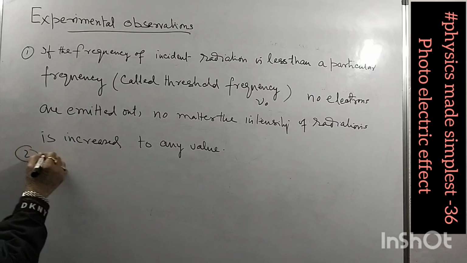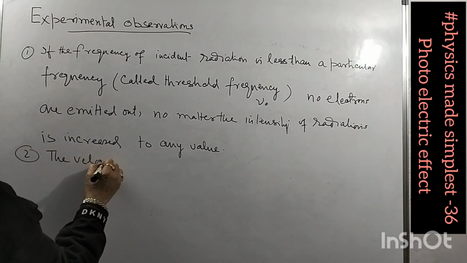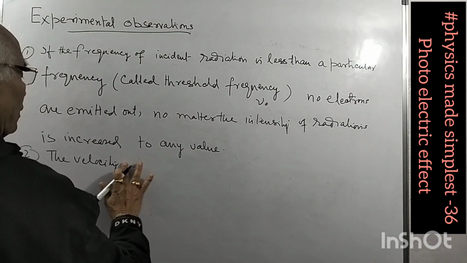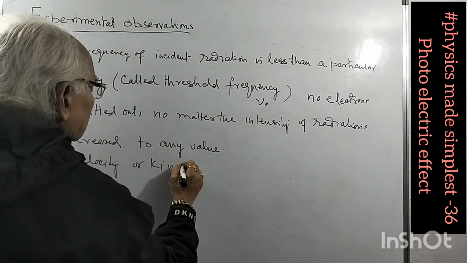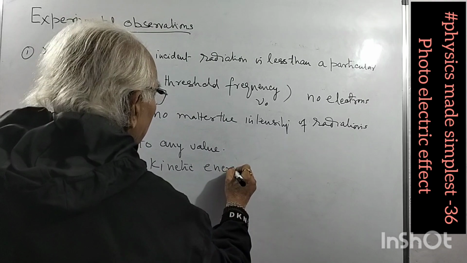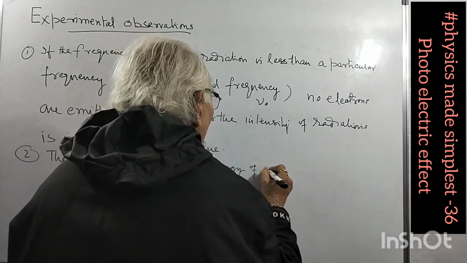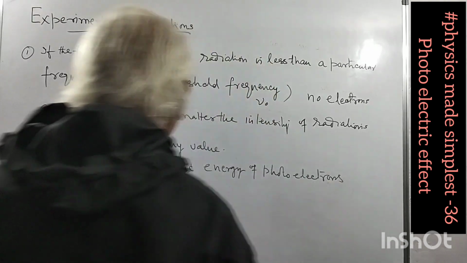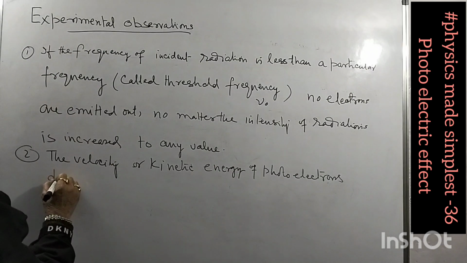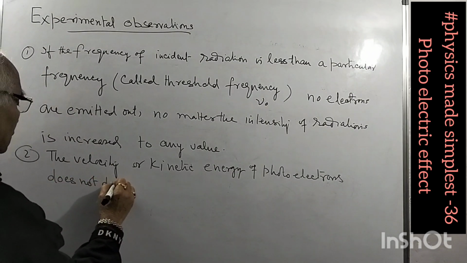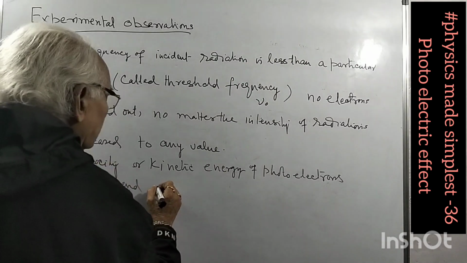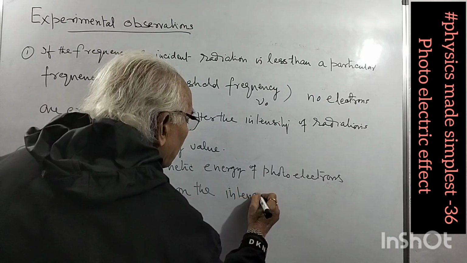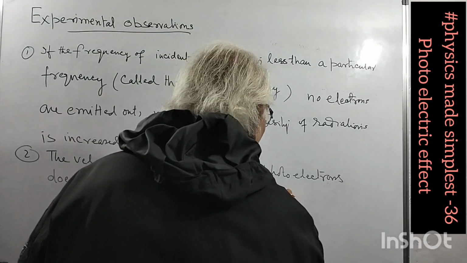And what is observed, that the velocity or the energy, you can also say, or kinetic energy of photoelectrons doesn't depend upon the intensity of light, the intensity of radiation.